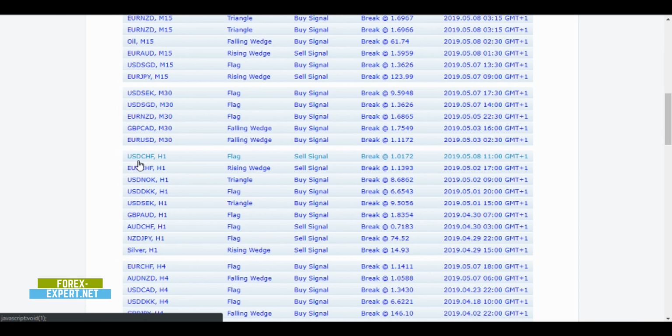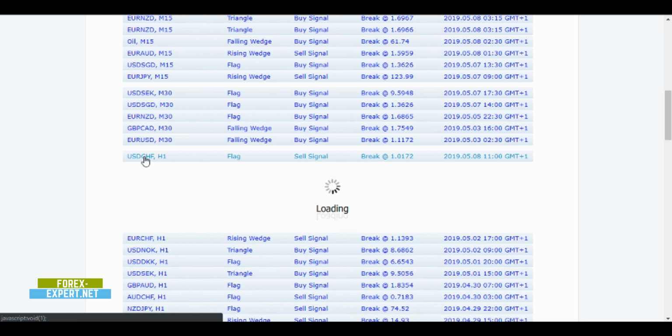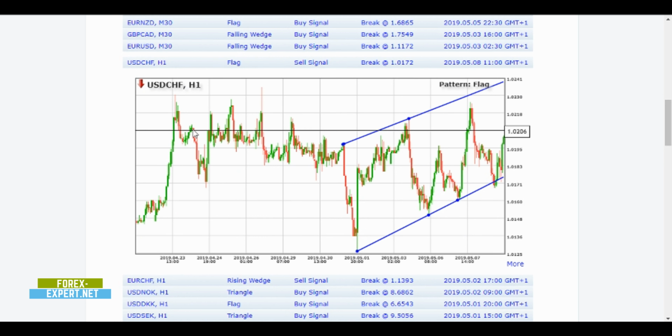On the hourly. So, for example, how do you know if a signal is good or not? Well, you have to look at the trend, the momentum of the trend preceding the pattern. So in this case, we have a flag, a downtrend on the USD and the Swiss franc 1 hour time frame.